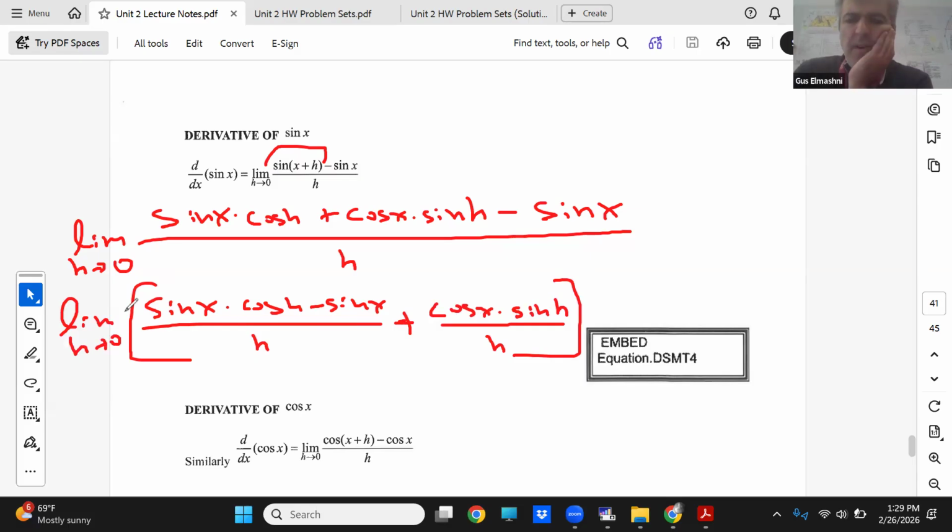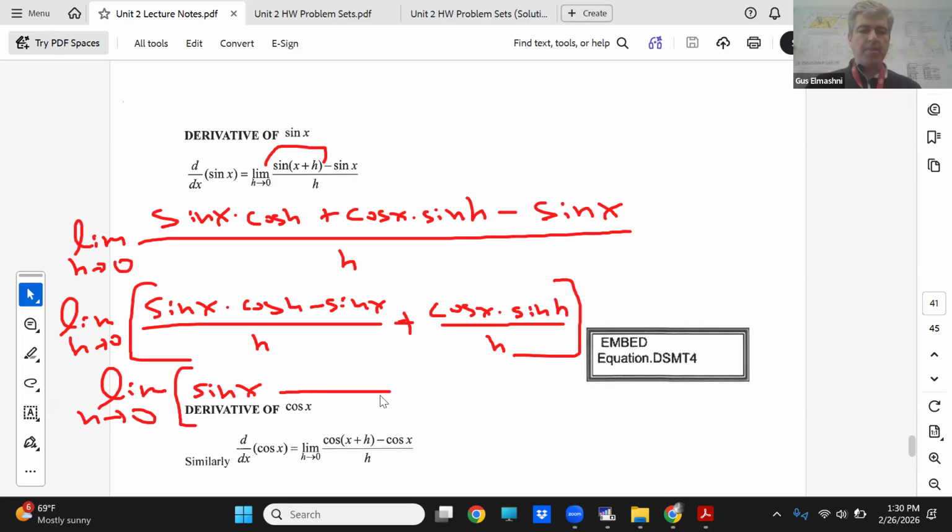Does that make sense, what I've done so far? Okay, now I feel good about this. You can factor out sine x, so I'm using limit properties, right?